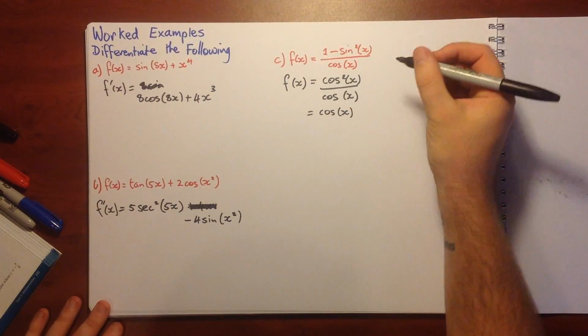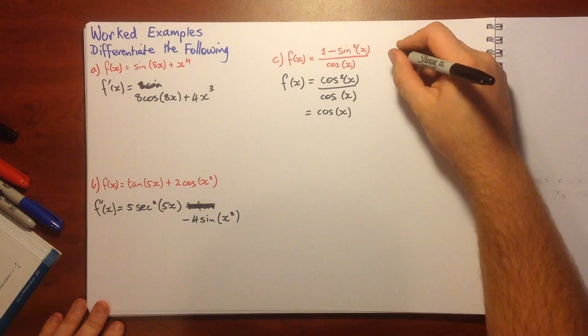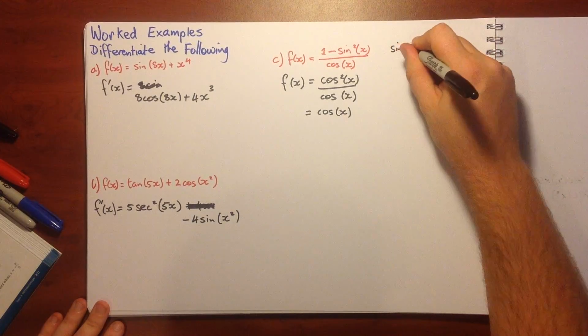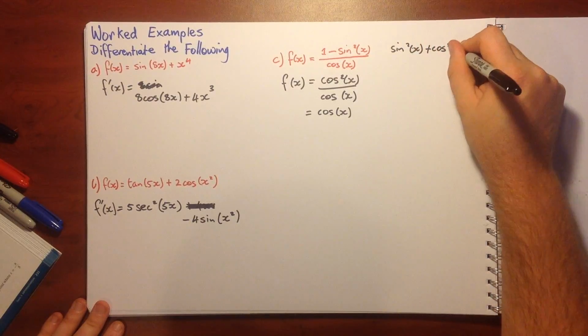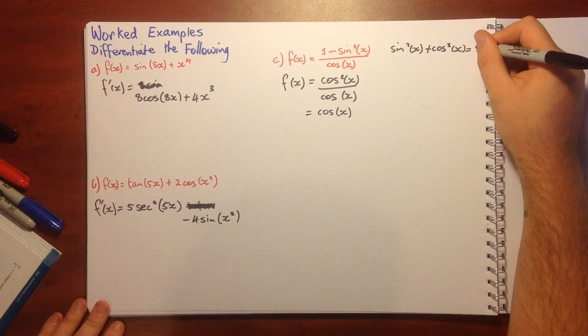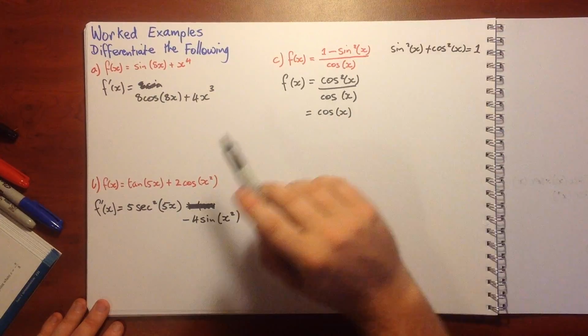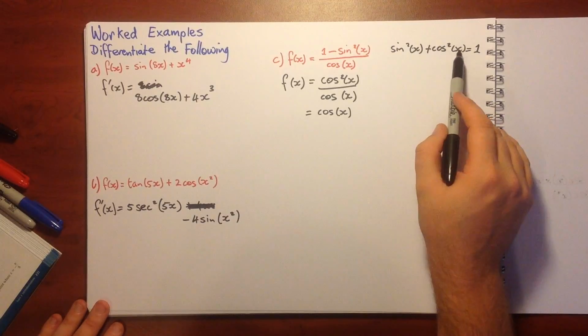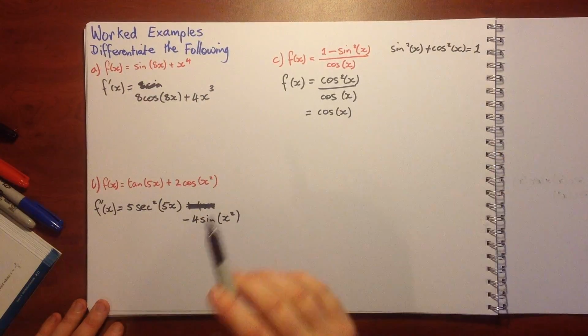The identity that we use, which specialist students will have seen before, is that sine squared of x plus cos squared of x equals 1. We're just rearranging that to take our sine squared away to get that that's equal to cos squared. So we need to make sure that we are familiar with and can utilise that identity.